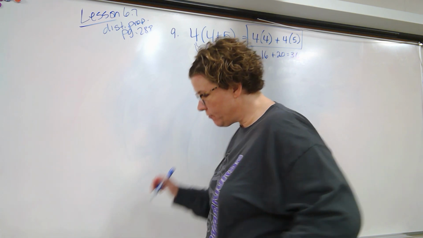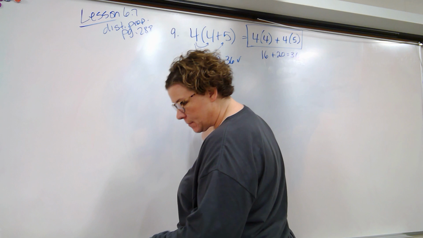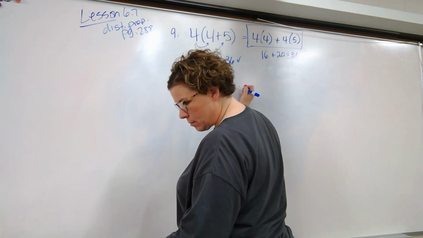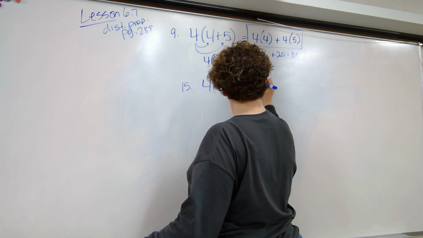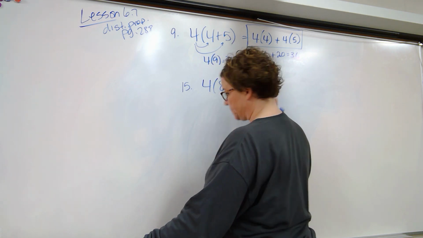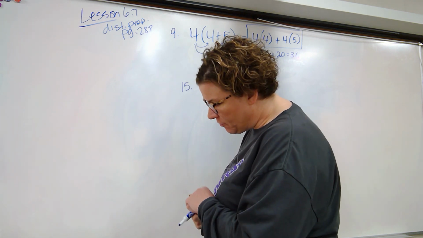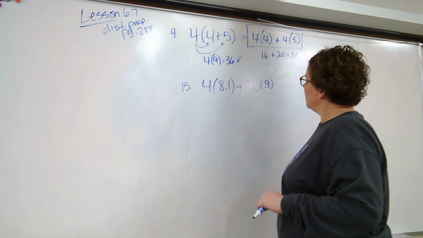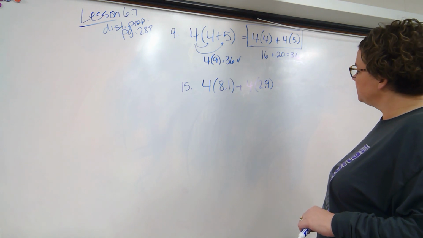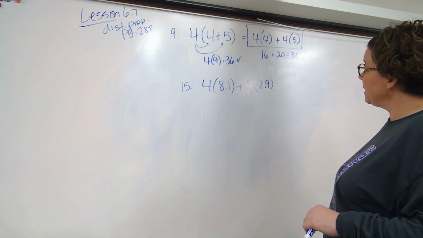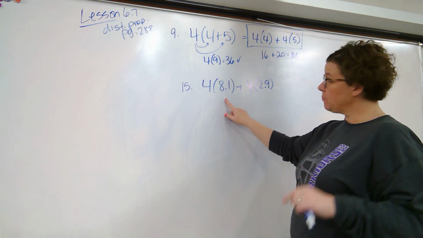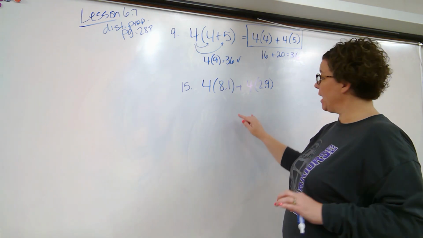Let's look at number 15. Number 15 is 4 times 8.1 plus 4 times 2.9. Use the distributive property to evaluate the expression. Okay, so basically, if you remember, can you see the pattern that's here?